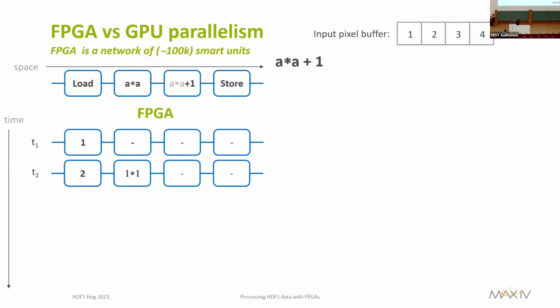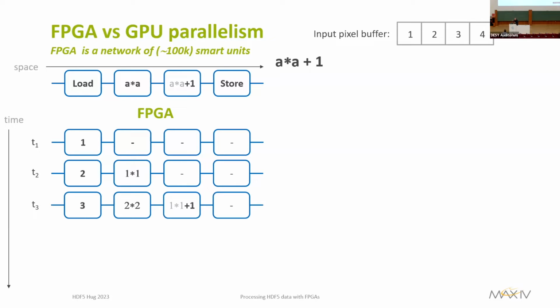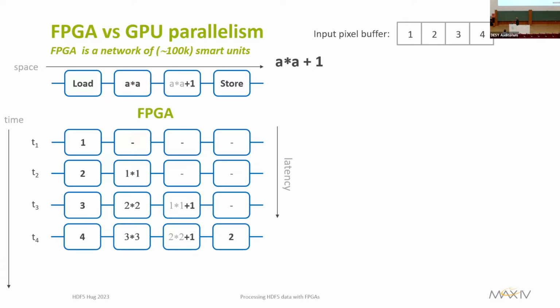Meanwhile, the first one will also load the next value 2 and so on. The third cell is doing an add operation, like adding 1, for example, and then there is an output. So there is typical pipelining.